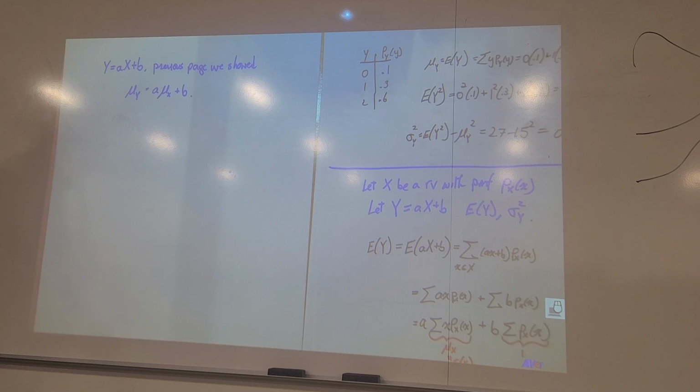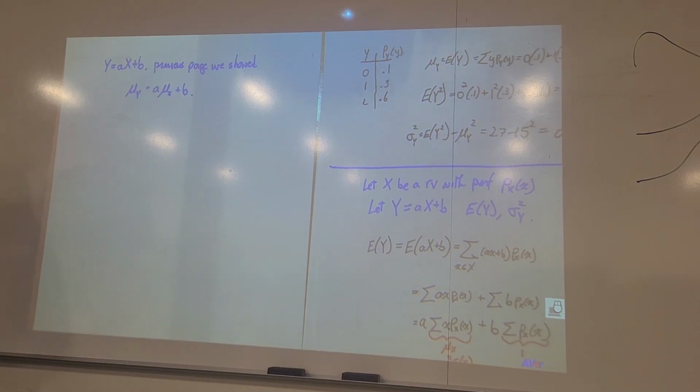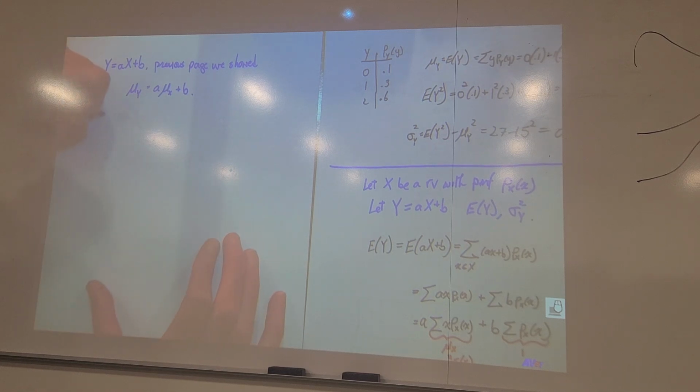Okay, good. And now, how about the variance of this y? Don't forget, this y is nothing more than a linear combination or a linear transformation of x. And now the variance of y.